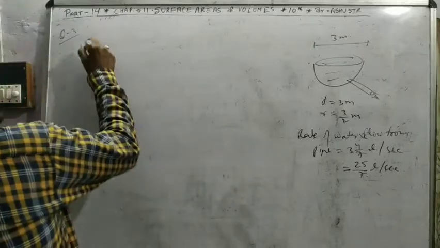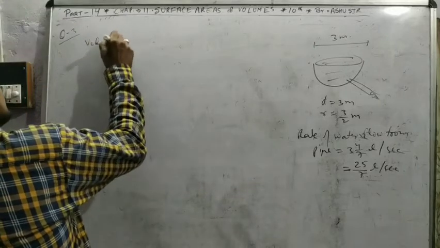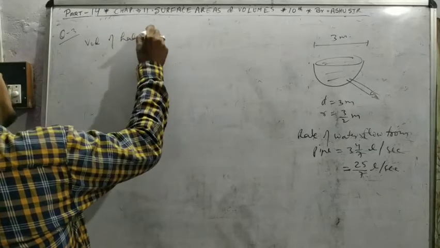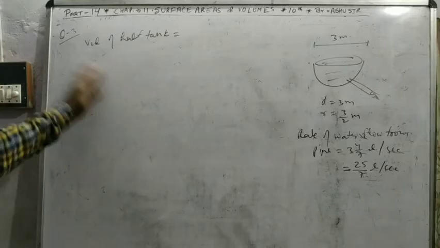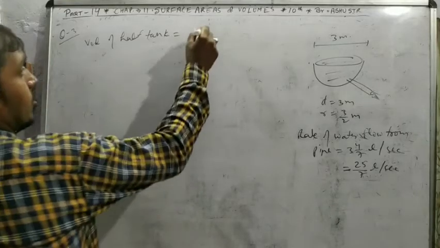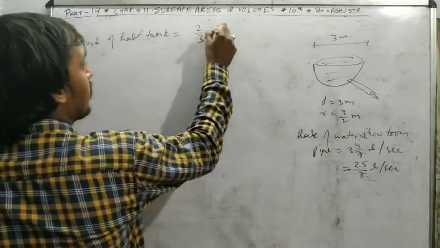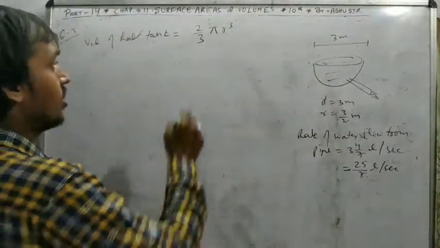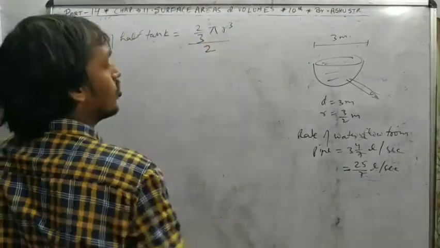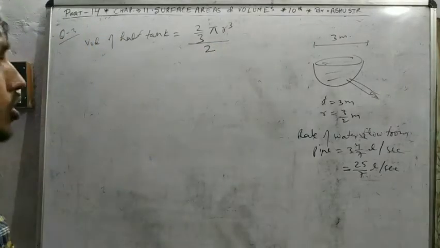So first we want to find the volume of the half tank. 2 by 3 pi r cube is the volume of the full tank, divided by 2 is the volume of the half tank.